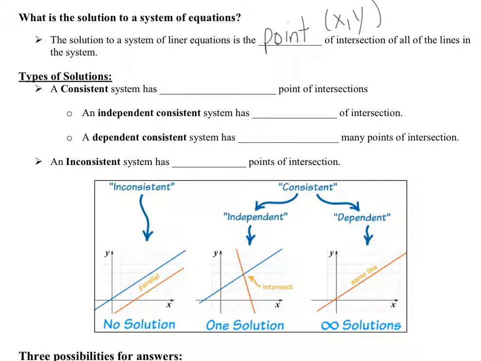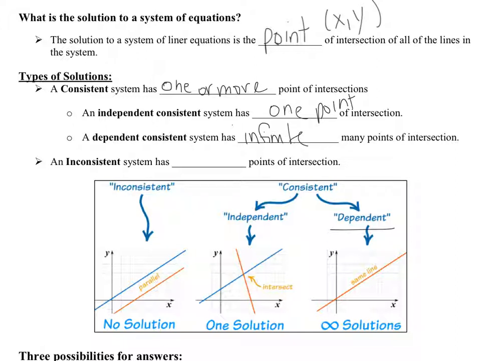So has one or more point or points of intersection. An independent consistent system has one point of intersection. And a dependent consistent, that's this one, has an infinite number of solutions.